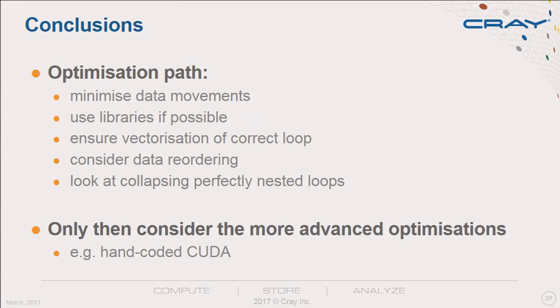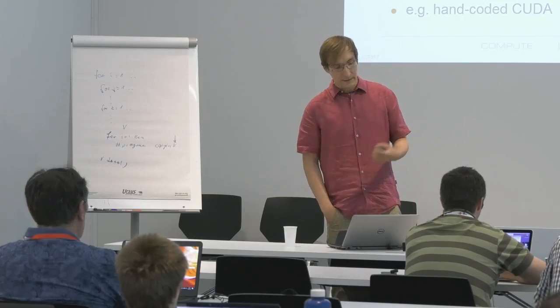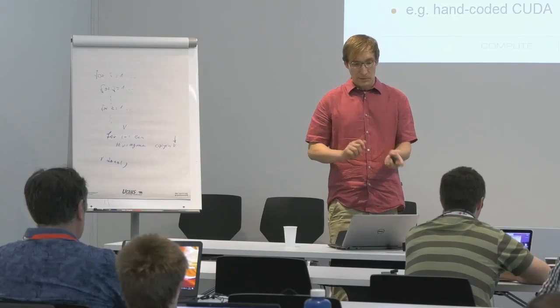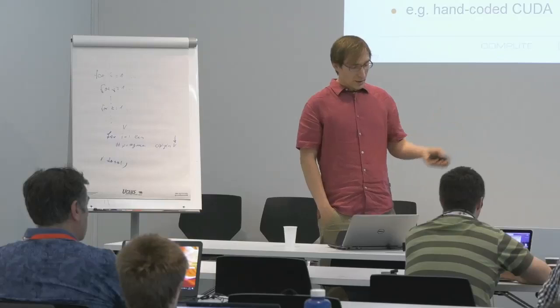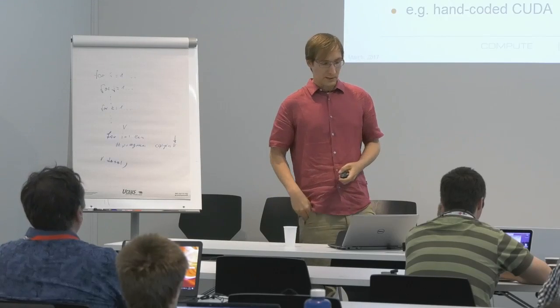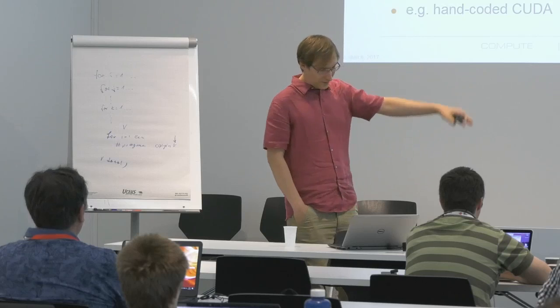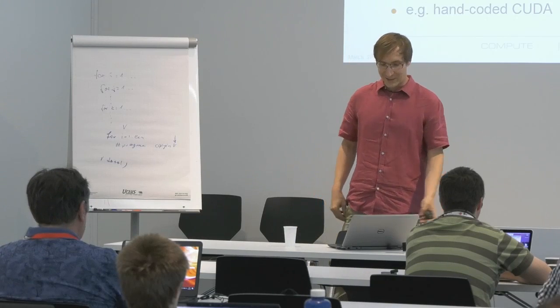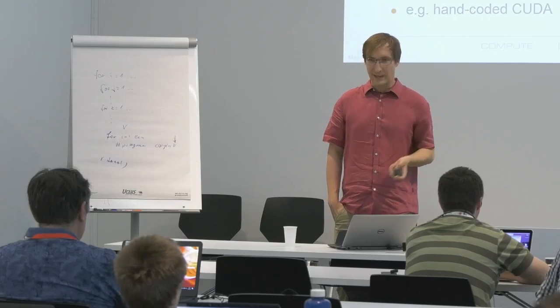That will also help your code in a pure CPU version. And then just consider maybe data reordering for helping vectorization, and loop scheduling and collapsing and all this stuff. And then far, far later, if you really have too much time, you could consider much more advanced stuff like hand coding CUDA.